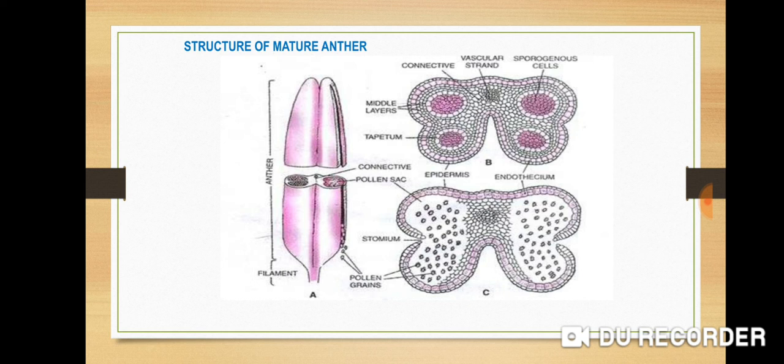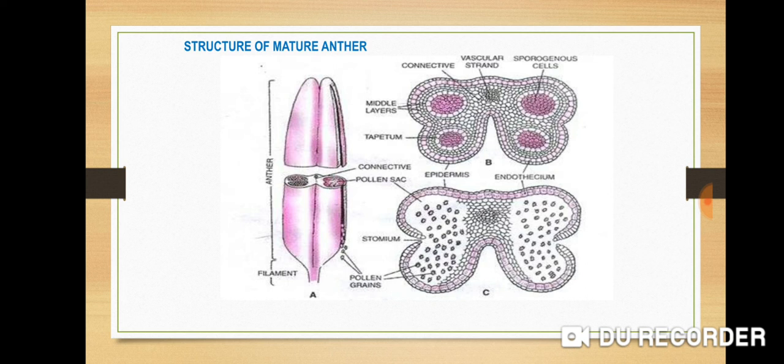Then we discuss about the amoeboid tapetum. It is also known as invasive or periplasmodial tapetum. In amoeboid tapetum, the inner and radial walls of the tapetal cells break down and the protoplasm becomes a plasmodial mass called tapetal periplasmodium.